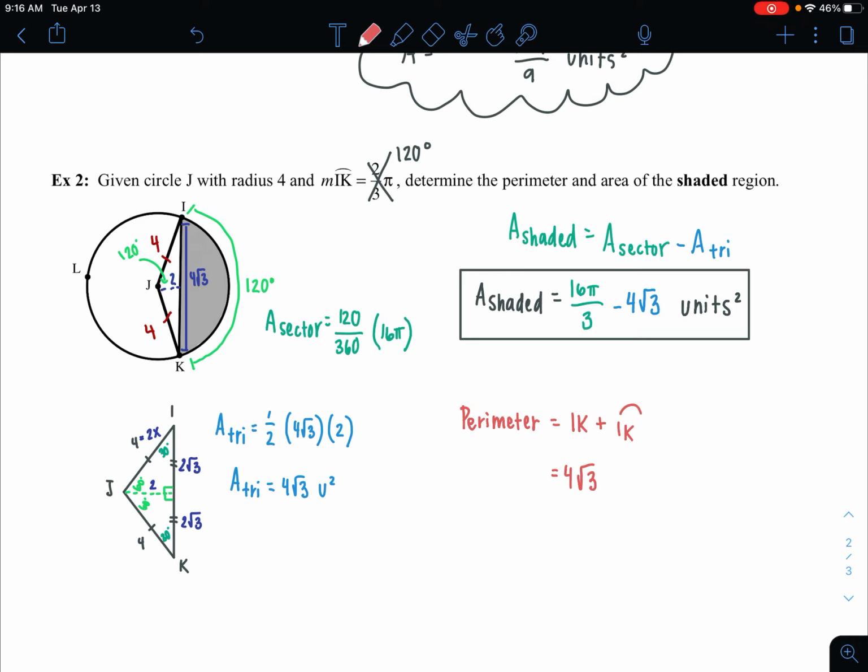But the arc length of IK is going to be 120 over 360 times your circumference, so times 2 pi 4. When we simplify this, we get 4 root 3 plus 3 pi over 2. It's just perimeter, so it will be units.